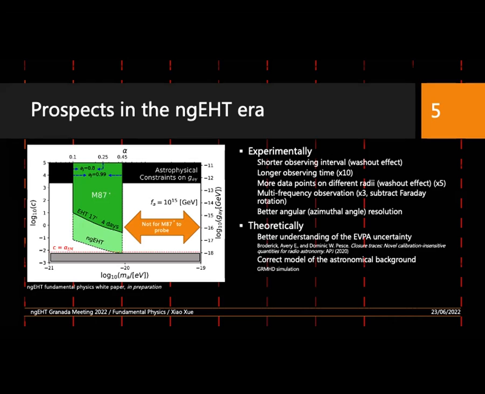It means that it is not the physical parameter space, which means that only when alpha is larger than this value, greater than this dashed red line, is the constraint in the physical parameter space.